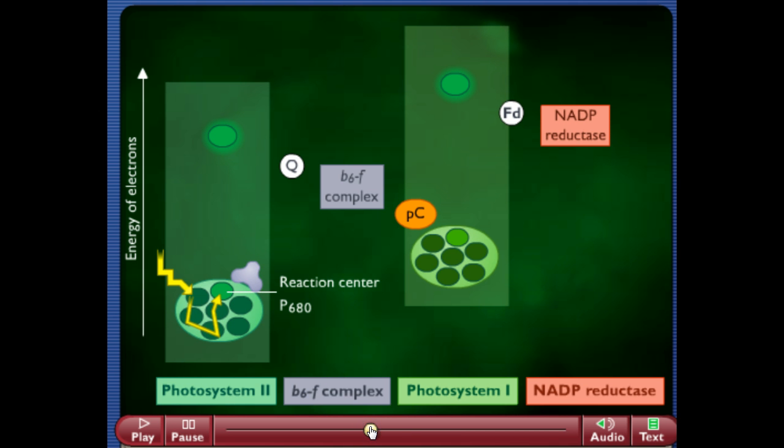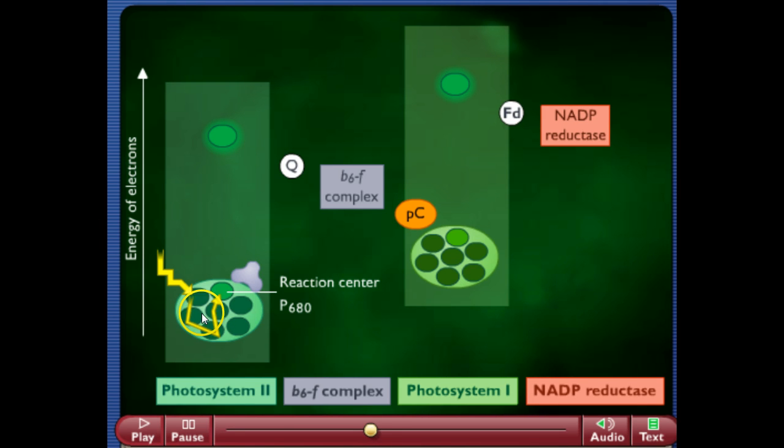Now, in your notes, write that the reaction center in photosystem 2 is also referred to as P680. The reason it's referred to as P680 is that's the wavelength of light that PS2, photosystem 2's reaction center, is sensitive to, 680 nanometers. So write that down now.